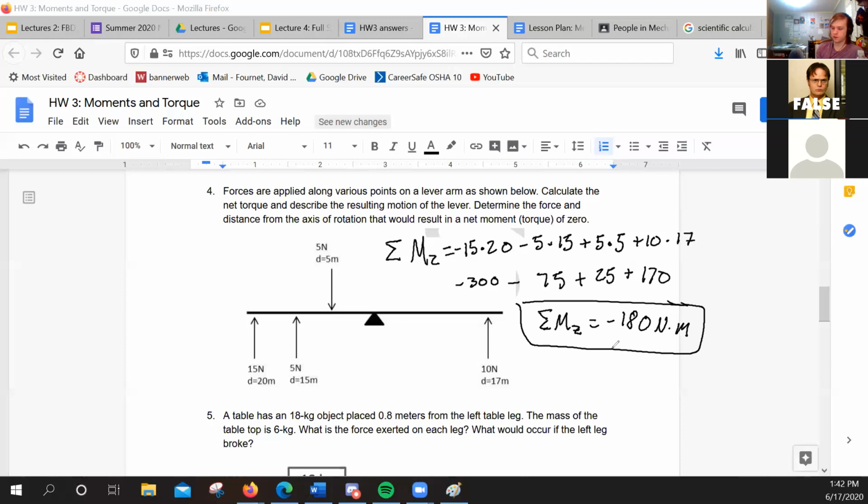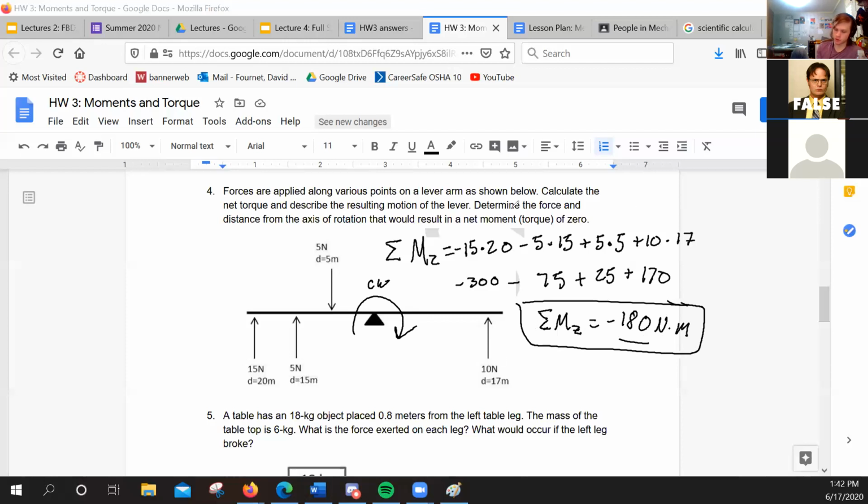So if the total moment is negative 180 Newton meters, how is the seesaw going to move? It'll move clockwise. Well, it'll move to the right, won't it? Mm-hmm. So it'll move clockwise because it's negative, and 180 Newton meters is an okay amount, so it'll probably tilt pretty quick. But the important bit is, yes, it's going to be moving clockwise.